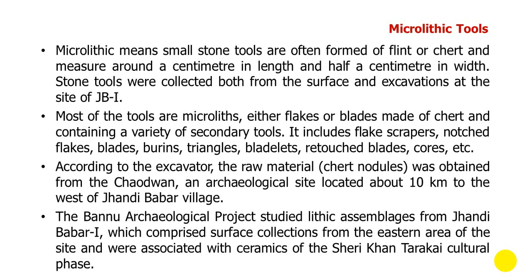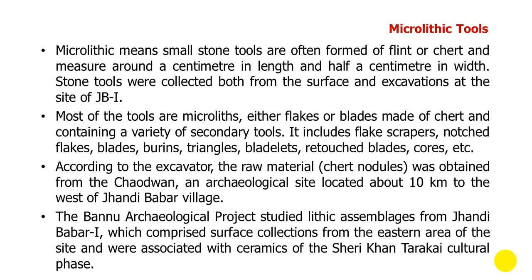Most of the microlithic tools are either flakes or blades made of chert, containing a variety of secondary tools. It includes flakes, scrapers, notch flakes, blades, burins, triangles, bladelets, retouched blades, cores, etc. According to the excavator, the raw material, chert nodule, was obtained from Chodwan, an archaeological site located about 10 km to the west of Jhandi Babar village.